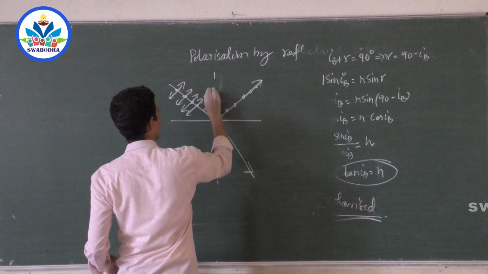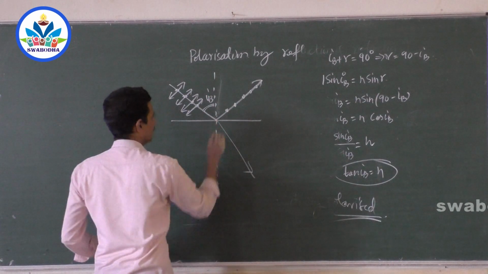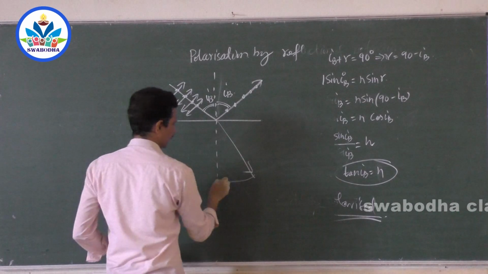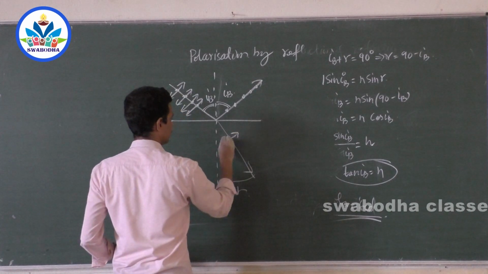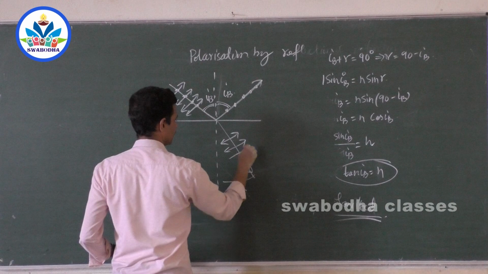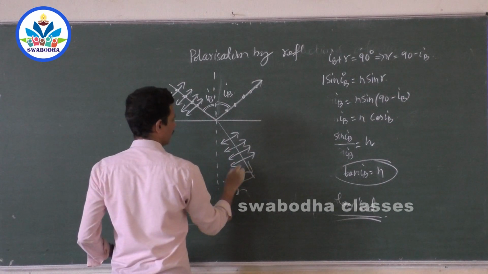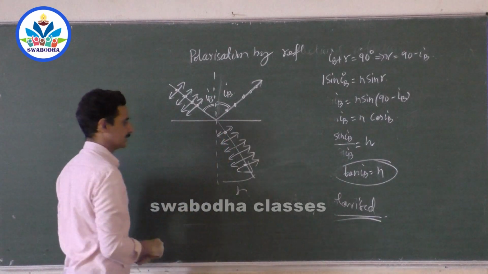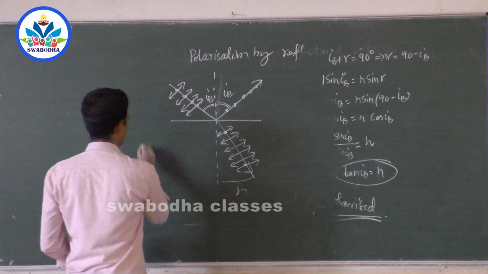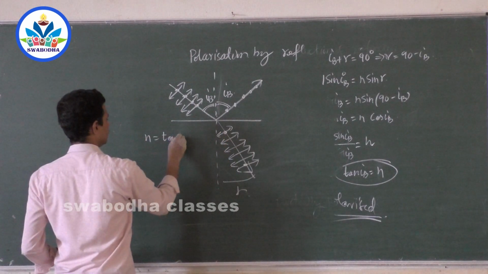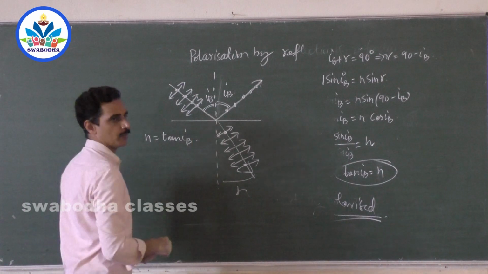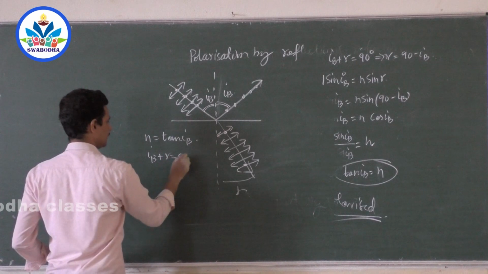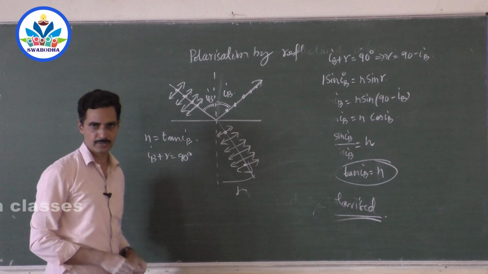This is Brewster's angle or polarizing angle. This is angle of reflection, same as this one, and this is angle of refraction, but here the vibrations are mostly restricted here, but very few vibrations here. There may be few vibrations like this. And N is equal to tan IB. One important equation, IB plus R is equal to 90 degrees. Another important equation you have to follow here.